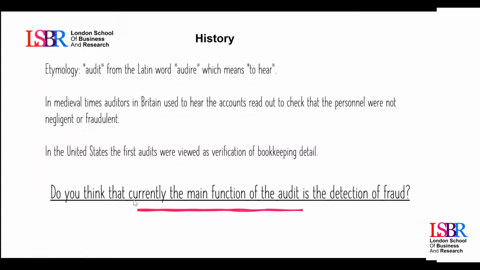Etymologically, audit means to hear, because in the past in Great Britain, the auditor used to hear when the accountants read out the bookkeeping, to know if the bookkeeping was well done, or if they could detect a fraud.